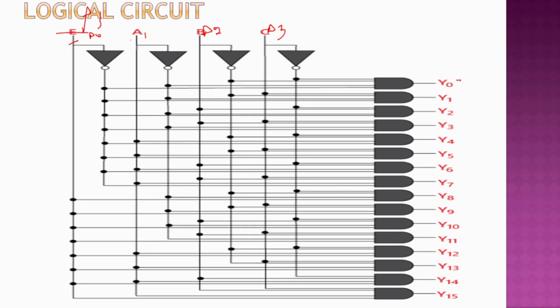So Y0 is equal to A3' A2' A1' A0'. So you can easily draw the logical circuit for the 4 by 16 decoder with the help of that logical expression.